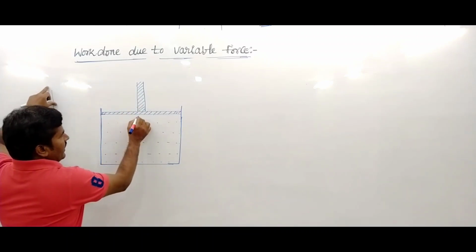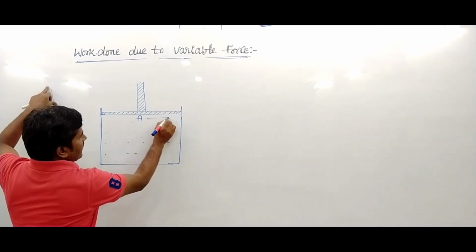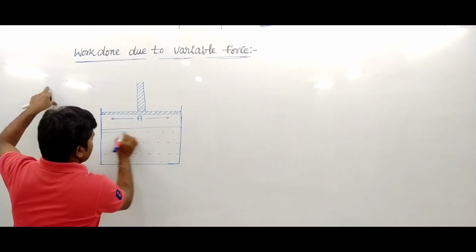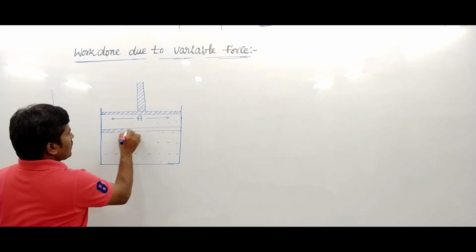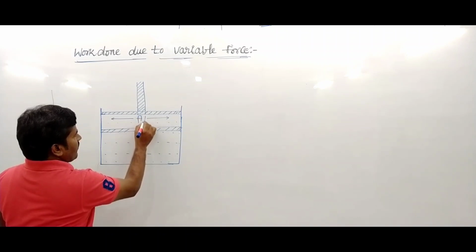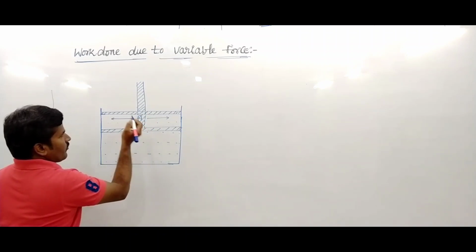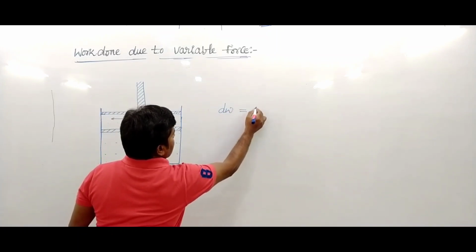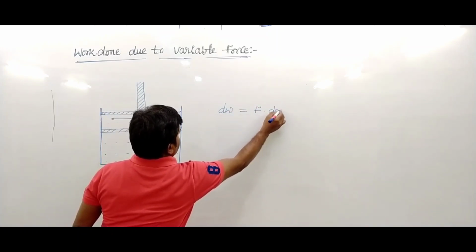When the area of the piston is A and the displacement is dx, the work done dW is written as F into dx.